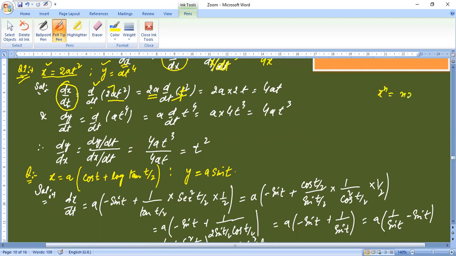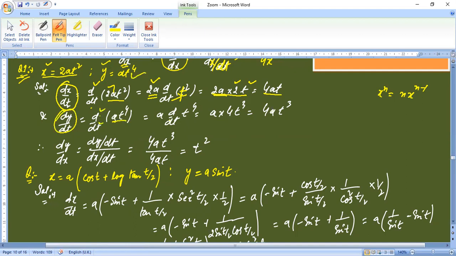Its differentiation would be n x raised to n minus 1. So 2a is there already, right? Its differentiation, t square would be 2 will come in front, and then t raised to power 2 minus 1, and 2 minus 1 is 1. So this is this one. Multiplying, we get 4at. Similarly, dy by dt is equal to d by dt of y, at to the 4.